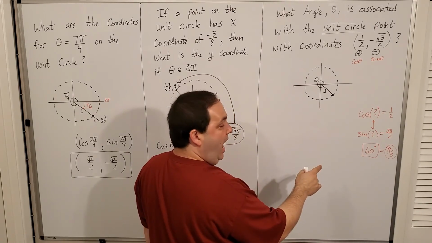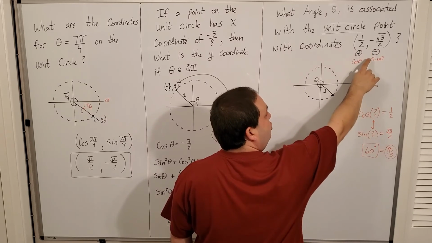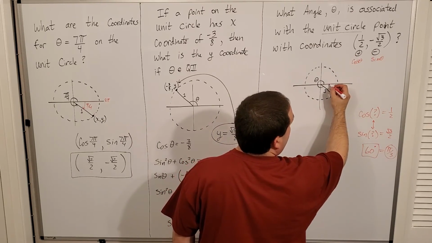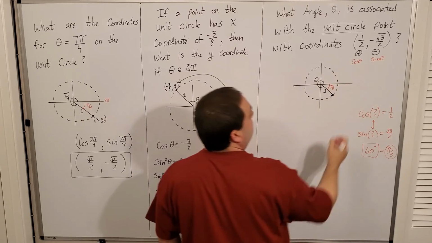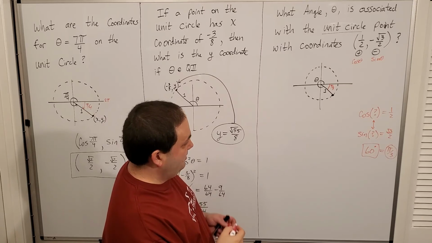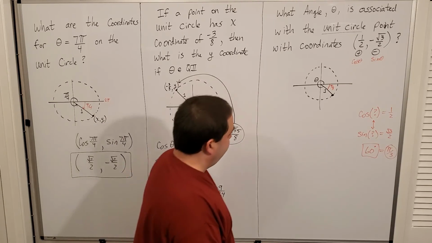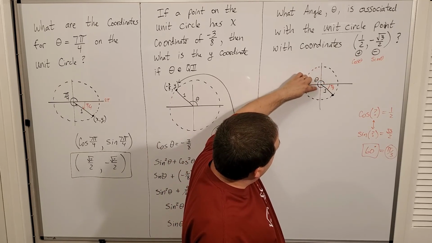Now remember, that's not my angle. That's just coming from the sizes. To get the appropriate positive and negative in quadrant, I'm going to use that angle as a reference angle. I'm drawing it from the x-axis to my terminal side. Well, okay. I'm interested in this angle though, this angle right here.